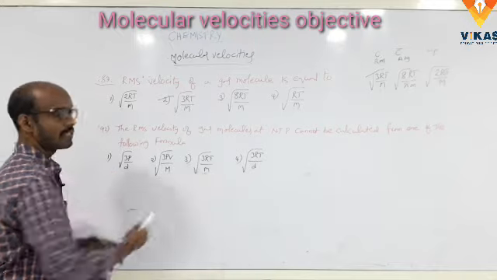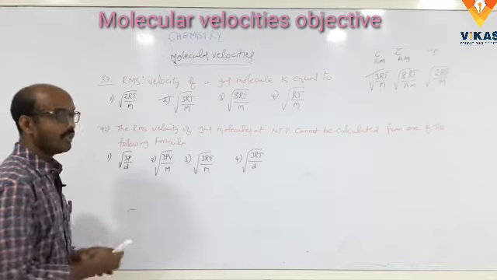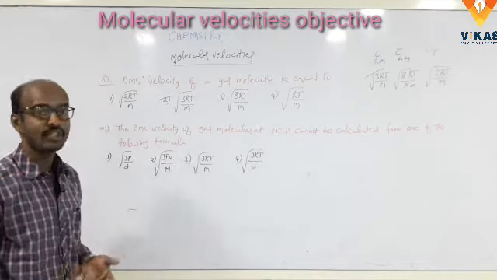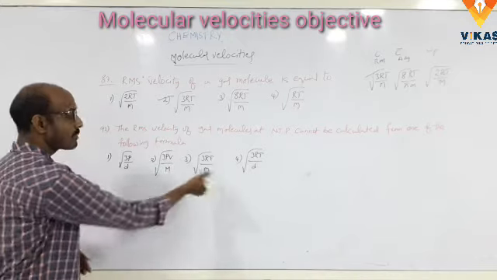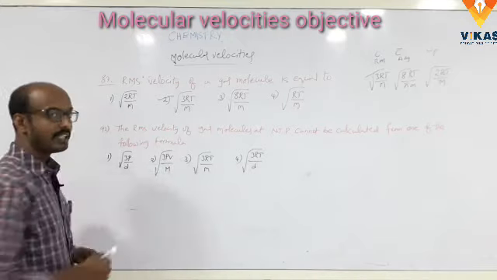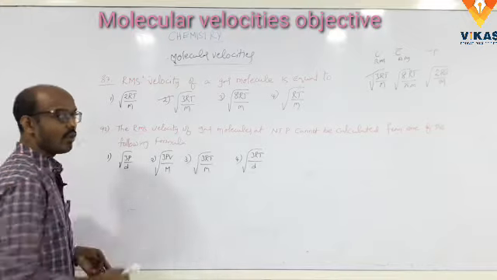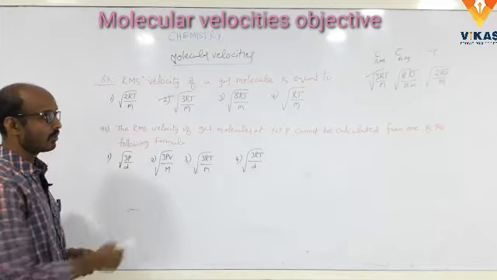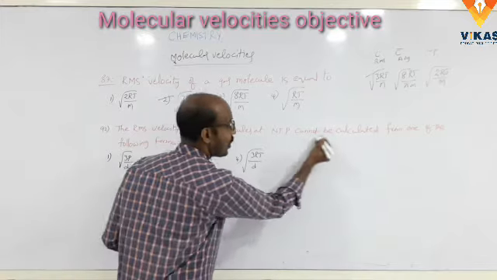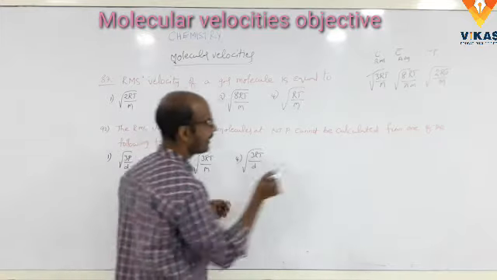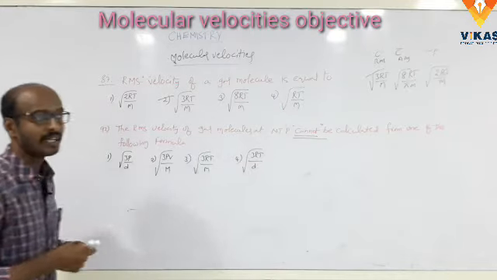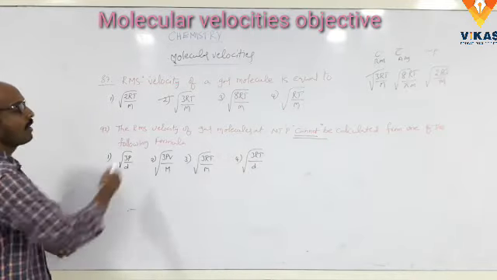Among these four formulas, one does not calculate the RMS velocity. So that is the answer. The important word in the question is "cannot be calculated".